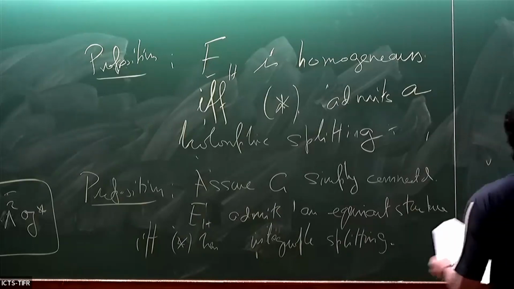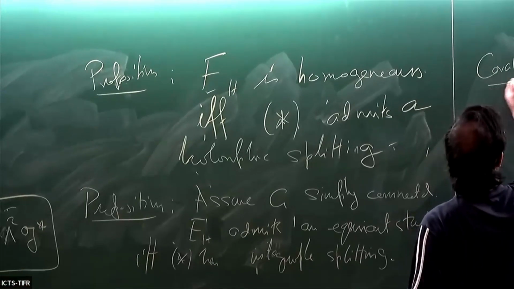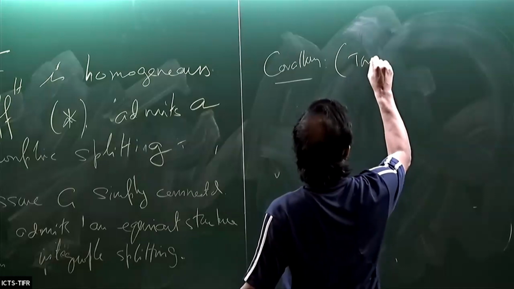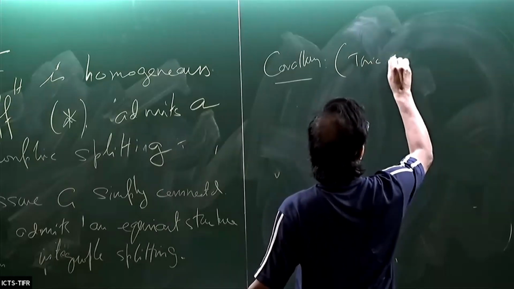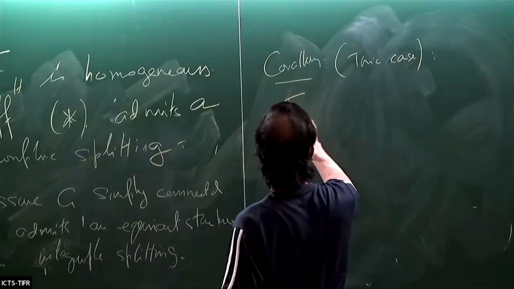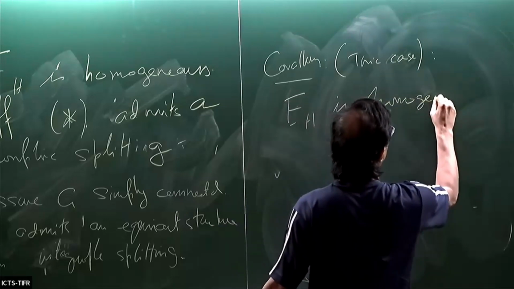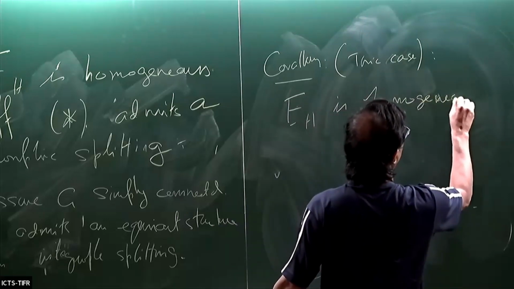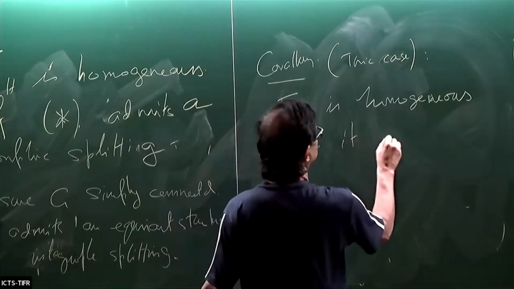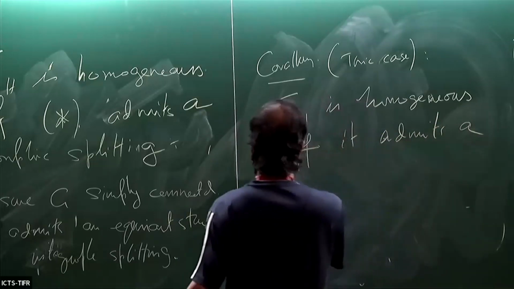Corollary: in the toric case, EH is homogeneous if and only if it admits a logarithmic connection.